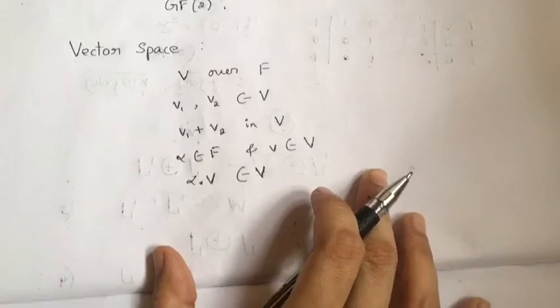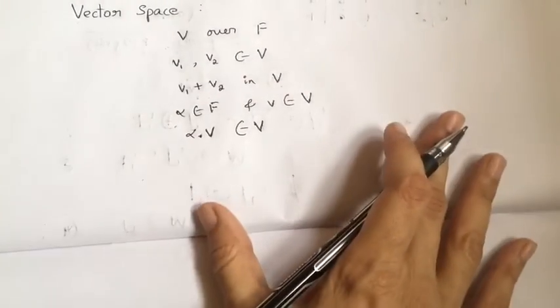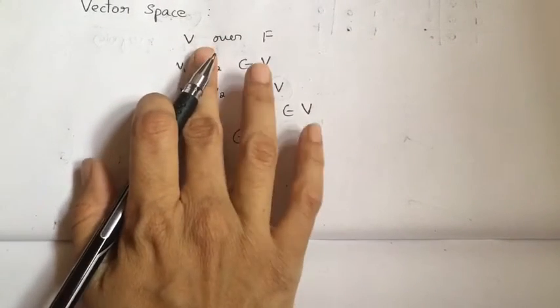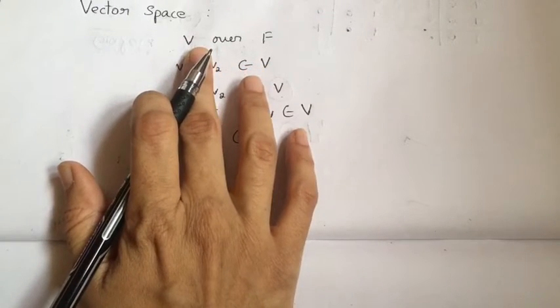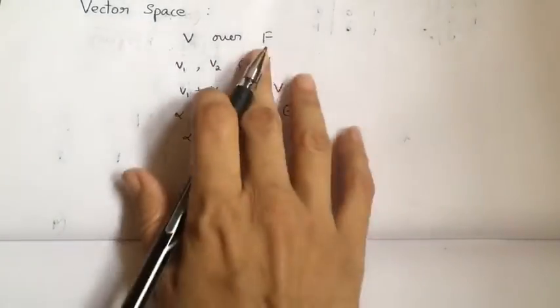If this satisfies the following 5 conditions, then I can say that the non-empty set V is a vector space over the field F.